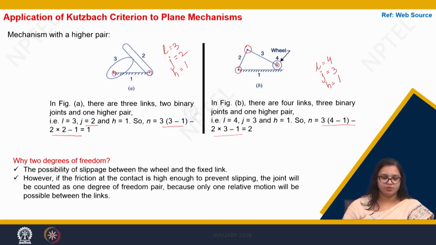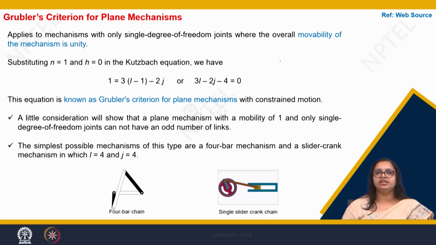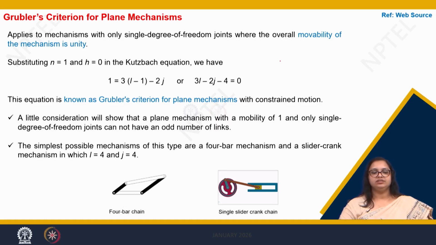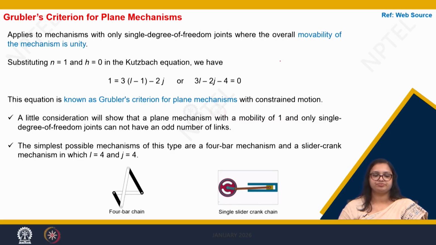Now coming to the next criterion, that is the Grubler criterion, which also is defined for the degrees of freedom of a system. However, in Grubler criterion, we say that the mobility of a mechanism is unity.